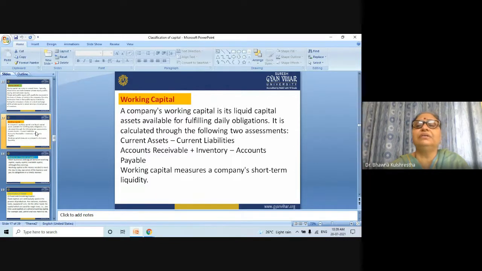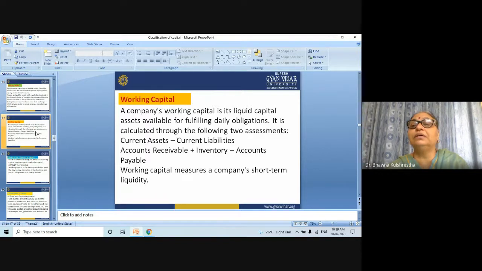More specifically, it represents its ability to cover its debts, accounts payable, and other obligations that are due within one year.